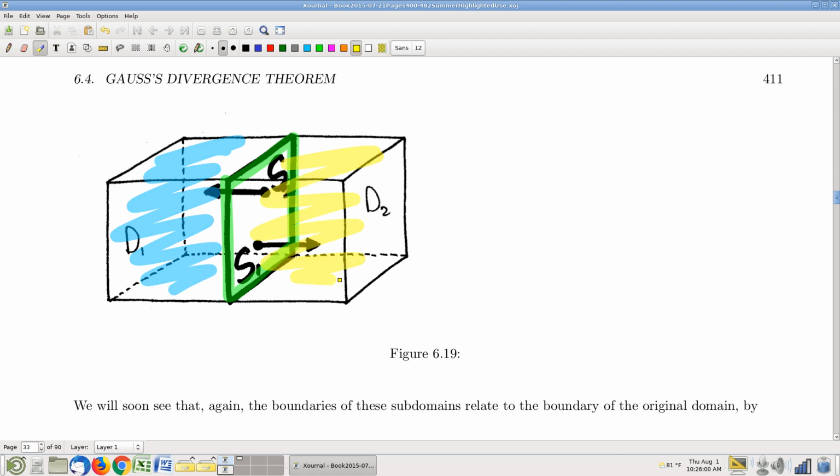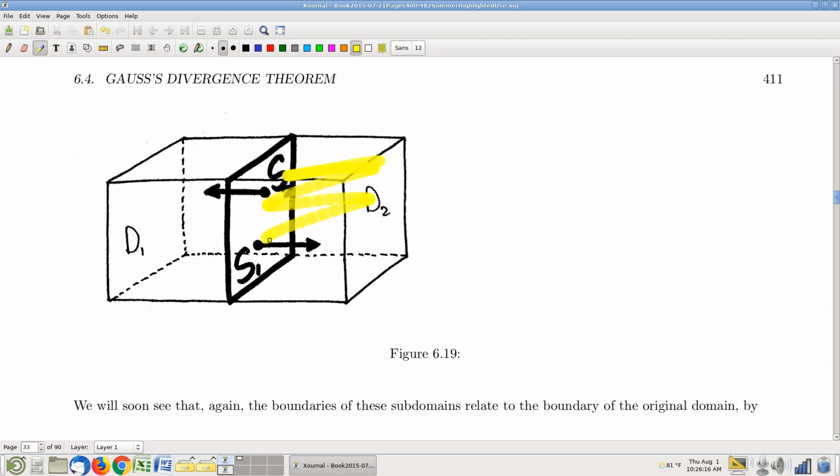And I would like to ask the reasonable question. Keep in mind this is a three-dimensional solid. The boundary of a three-dimensional solid is a surface. If I look at the boundary surface of that left half, and the boundary surface of this right half, and if I add up those two boundaries, do I get the boundary of the whole thing?